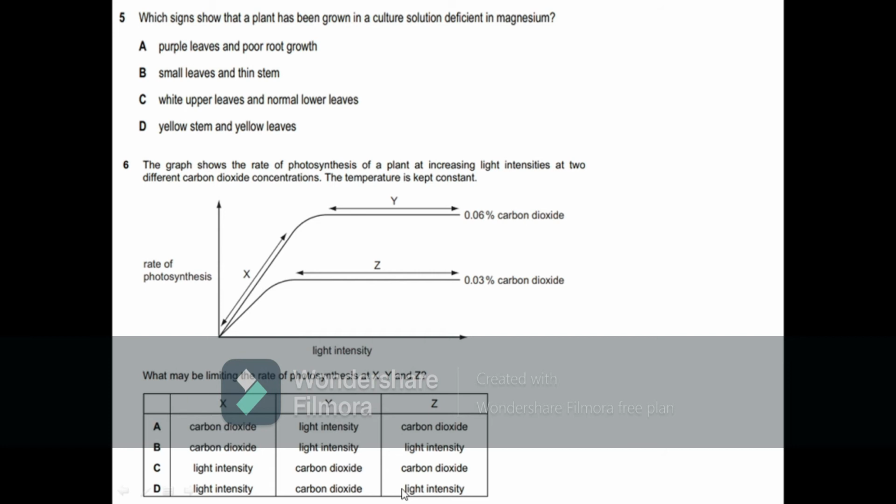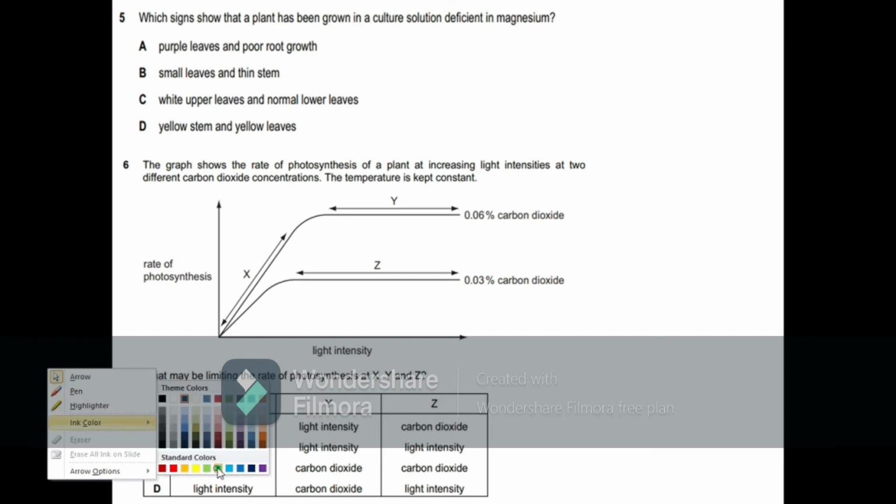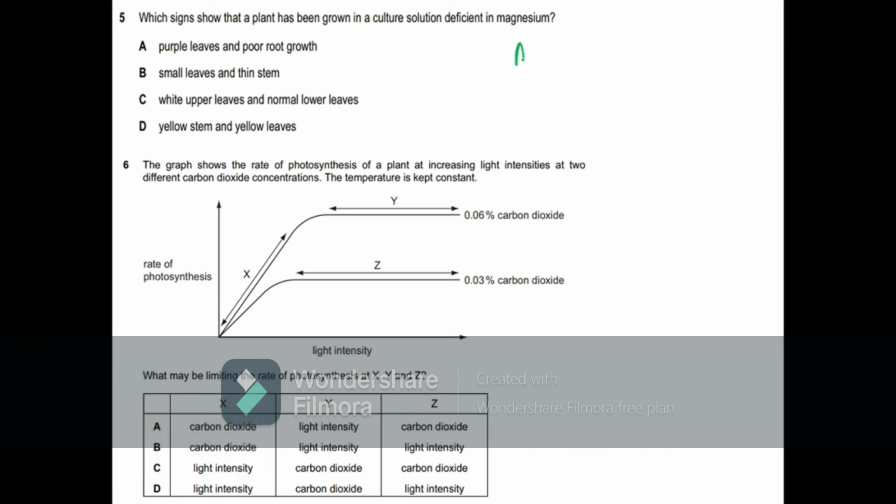Okay, which sign shows that a plant has been grown in a culture solution deficient in magnesium? When magnesium is not there, so what will happen? Basically magnesium is required for chlorophyll synthesis.